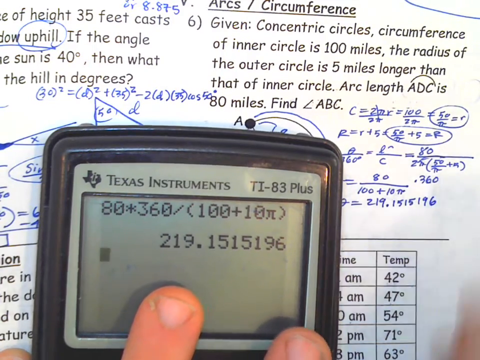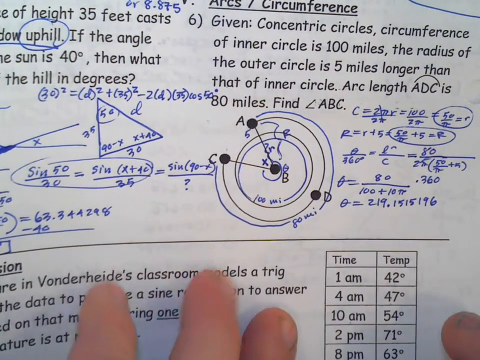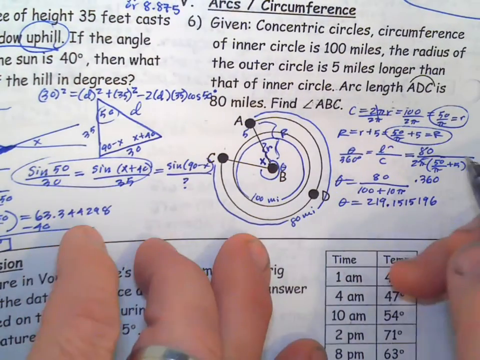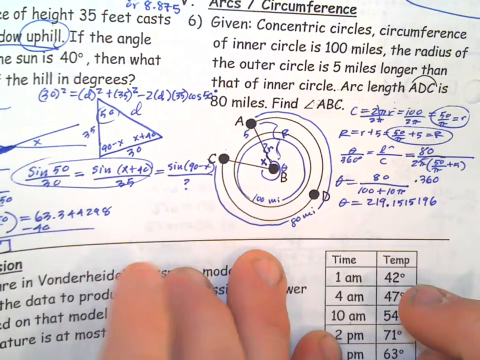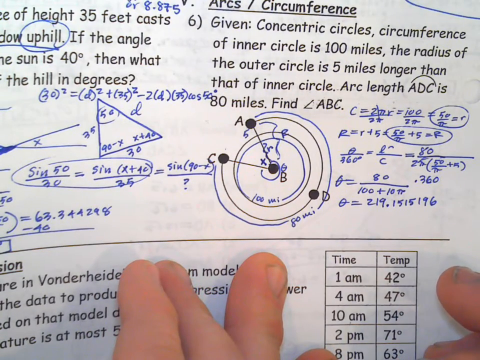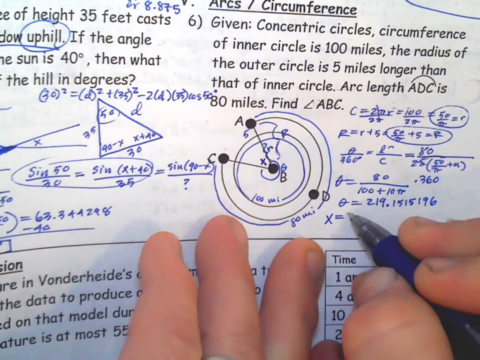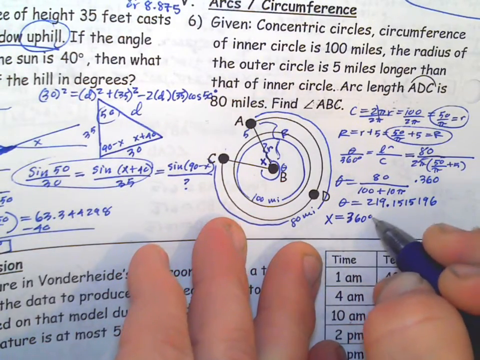219.1515196. If you get a negative angle, something's wrong. If you get an angle bigger than 360, something is way off. Now, okay, so our angle is going to be 360 degrees minus theta, right?